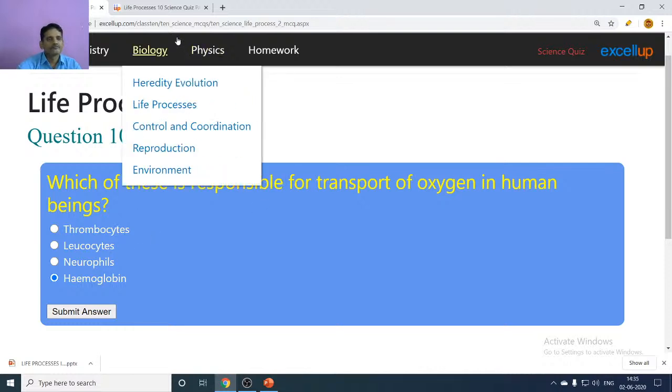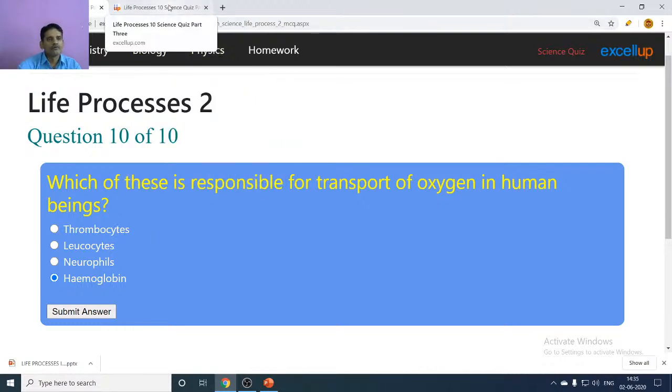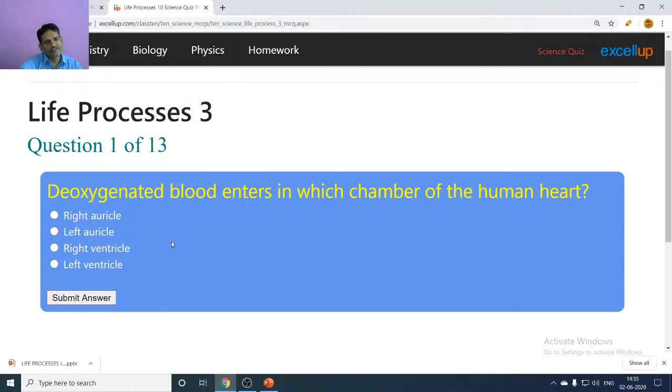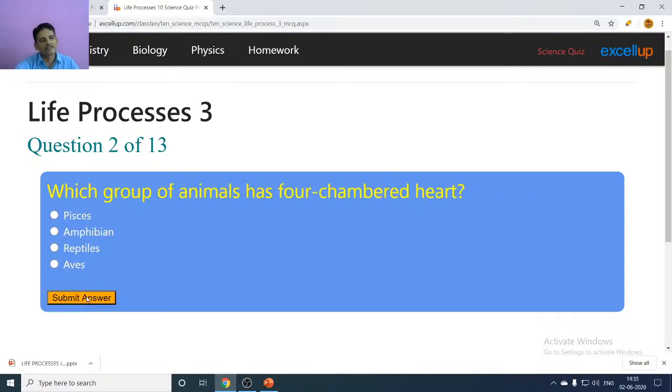Okay, so this is quiz 1. So let us go for another quiz about circulatory system. The deoxygenated blood enters which chamber of the human heart? From all body parts, deoxygenated blood is collected by vena cava, it opens into right atrium or right auricle.